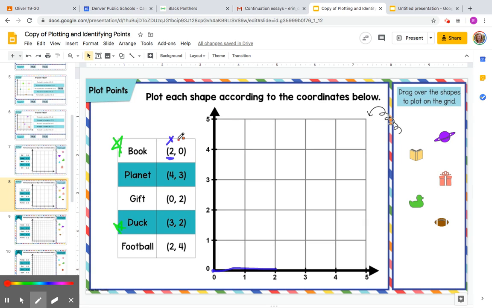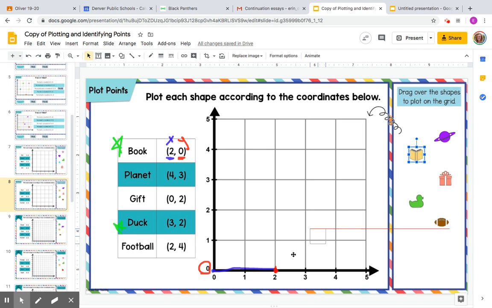Now it's time for my y. My y is 0, which means I don't move up at all. I stay in line with the 0 on that y-axis. So if I'm going to plot my book, I'm going to move it right here. Boom. And it's plotted.